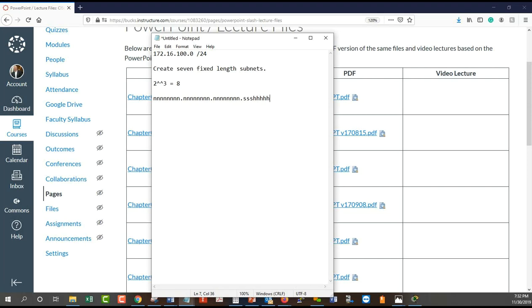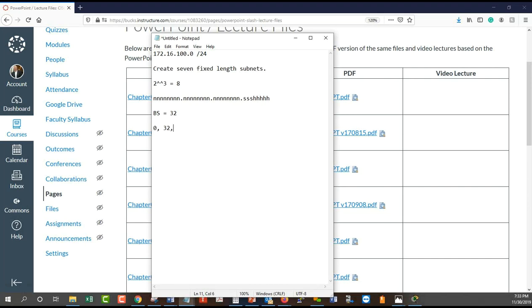So the next question we have to ask ourselves is to look at the rightmost network bit, which would be this subnet bit right here. And we have to ask ourselves, what is the value of that subnet bit highlighted in blue? Correct. It is a block size. Our block size is going to be equal to 32. And once we identify the block size, then we start counting in multiples of 32.